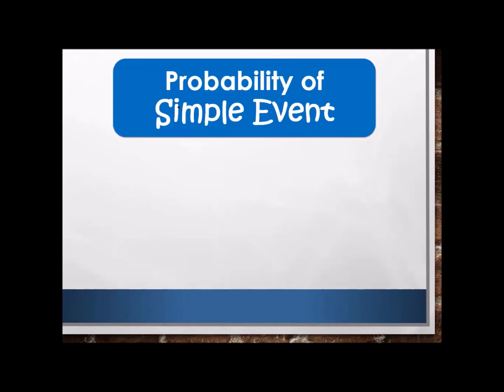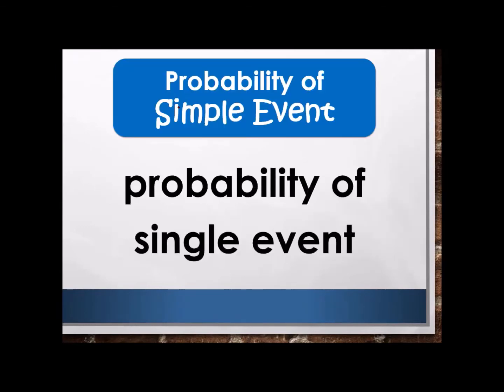Now, what is the probability of simple event? It is the probability of a single event. Pagka sinabi nating single, we are pertaining to only one. At ano ba ang event na sinasabi sa probability? Halimbawa, nag-roll ka ng die at ang hinahanap lang ay even number. So yung probability of getting an even number, that is our event, the set of all possible outcomes. Okay?